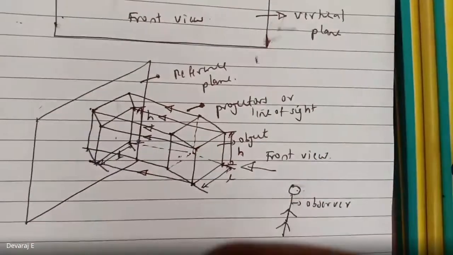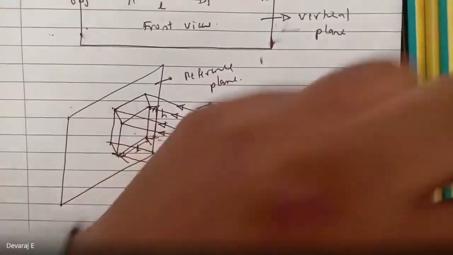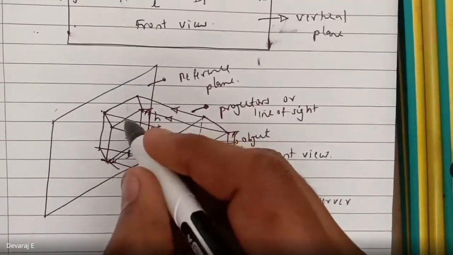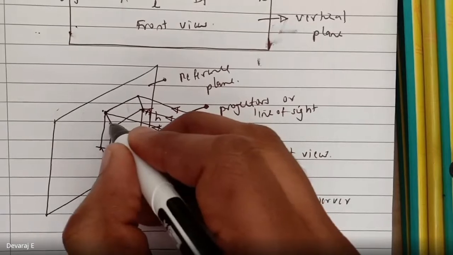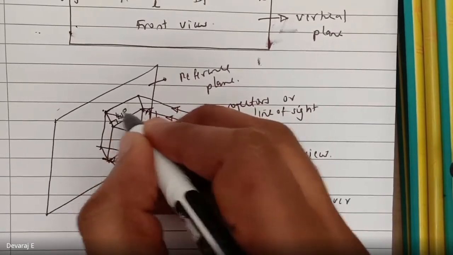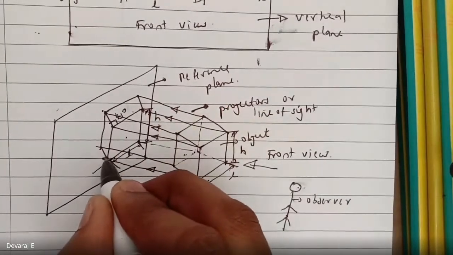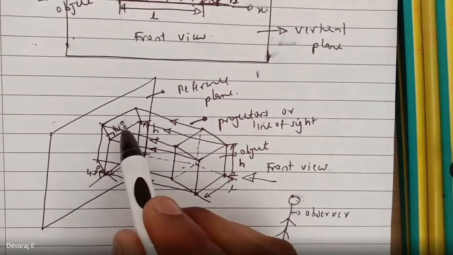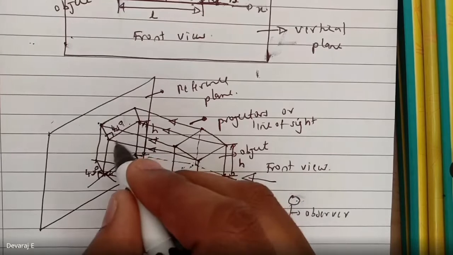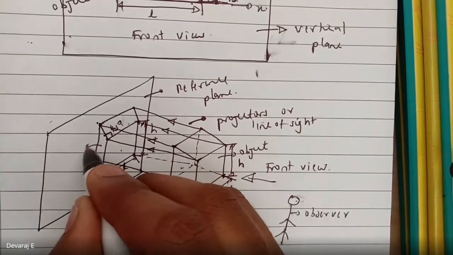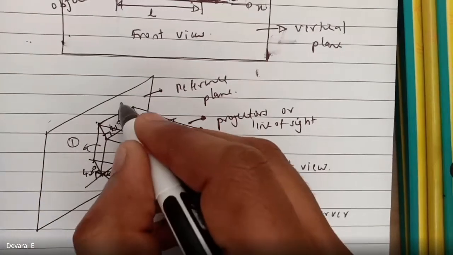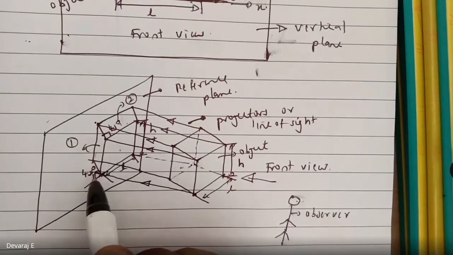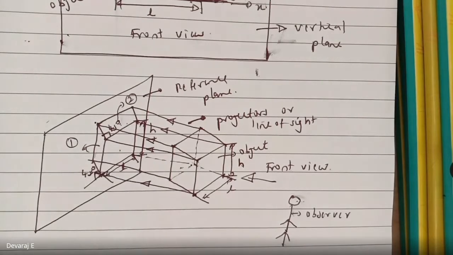If you want to measure the other angle, this will be 45 degree. The other adjacent faces, adjacent face 1 and adjacent face 2, if you measure the angle, it will be 45 degree. So this is the concept.